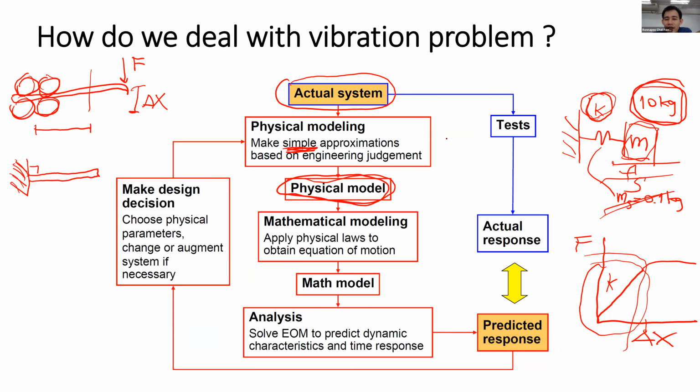This process, where we neglect the unimportant things from the actual system to arrive at the physical model, is called physical modeling. We try to consider only the important things in the system and neglect the unimportant things.